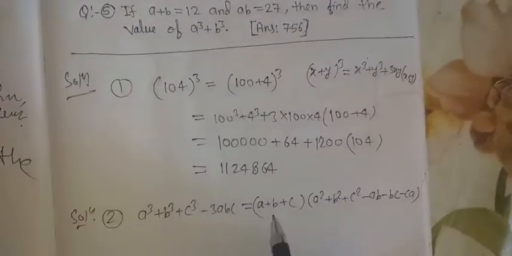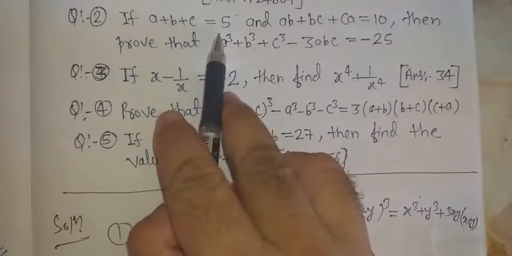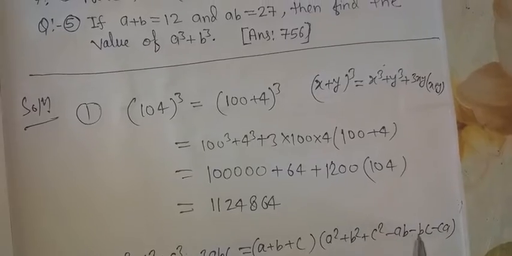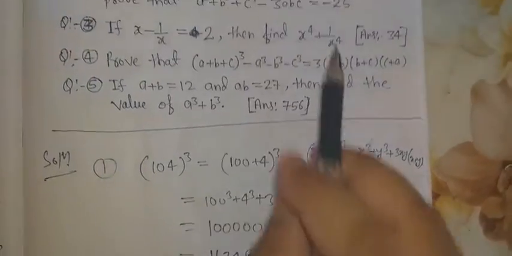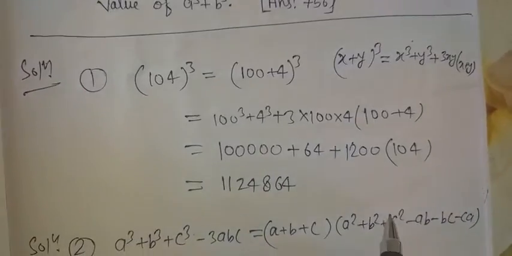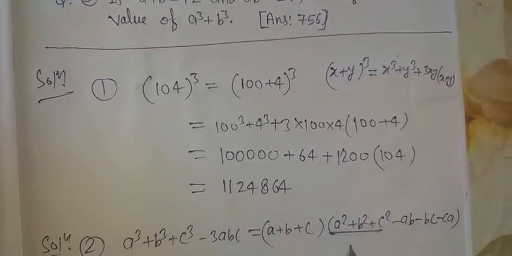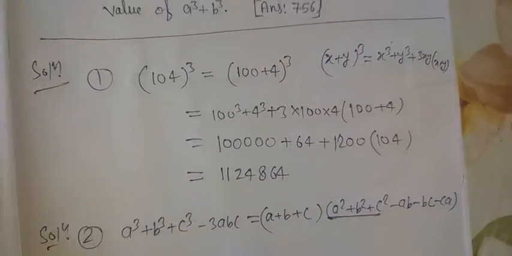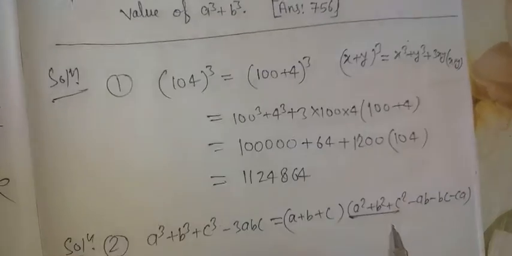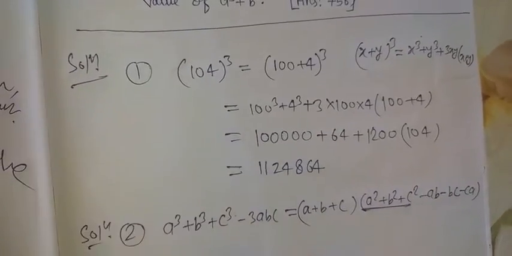Now see, the a plus b plus c value is given. If we take minus common here, ab plus bc plus ca is given, but we don't have the value of a square plus b square plus c square. So first we will try to find the value of a square plus b square plus c square. How?